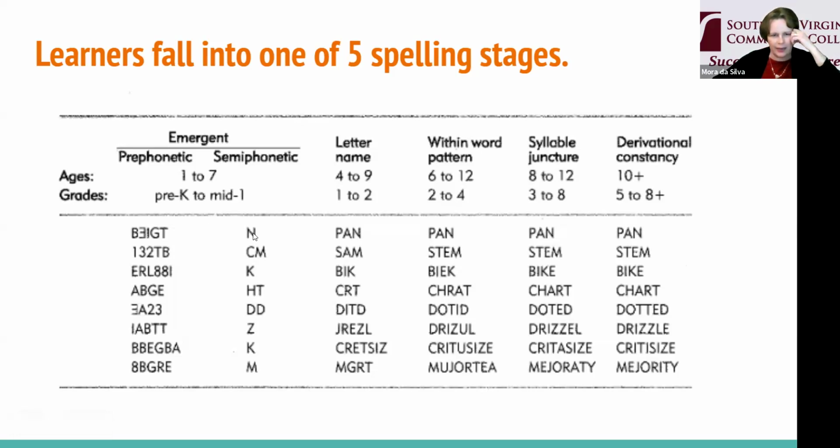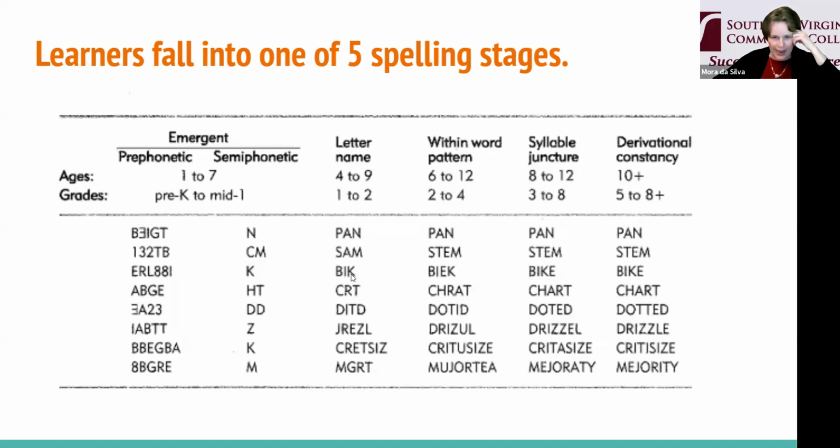Maybe they can hear that N sound, but they are beginning to get the consonant, vowel, consonant correct at the letter name stage. The word stem: maybe they hear the S, they hear the M, but they don't hear that T. They're not getting their short A, short E right in the letter name stage, but they are getting this right in the within word pattern stage.